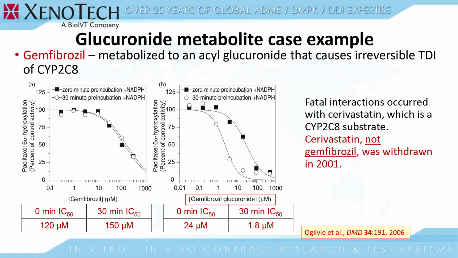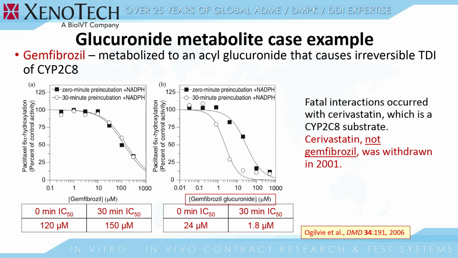Now, if you look at the gemfibrozole plot, you see that the 0-minute IC50 and the 30-minute IC50 are pretty much the same. We have a 120 micromolar IC50 for 0 minutes and a 150 micromolar IC50 for the 30-minute pre-incubation. However, with the gemfibrozole glucuronide metabolite, we see a very strong leftward shift in the IC50 curves between the 0-minute and the 30-minute pre-incubation.